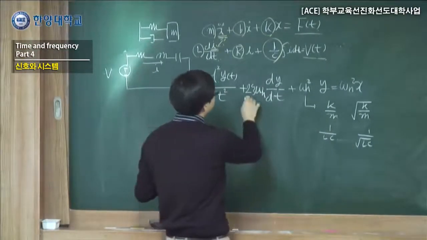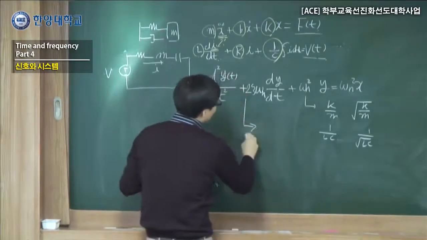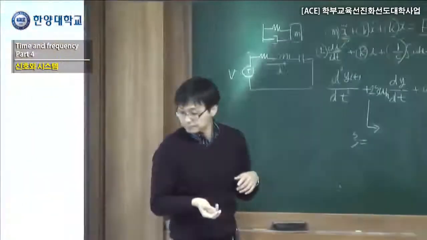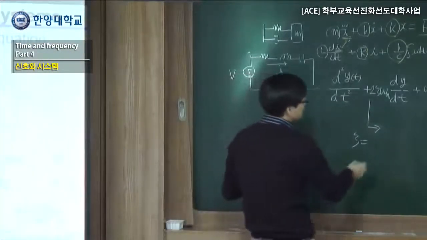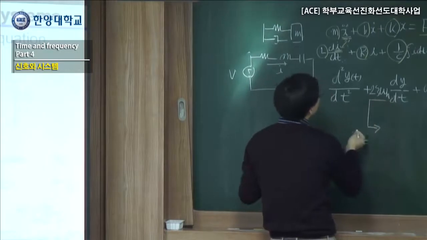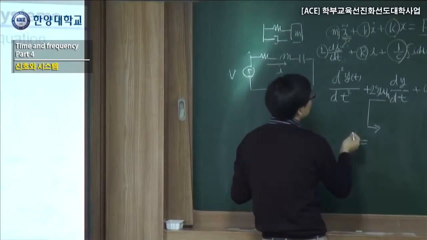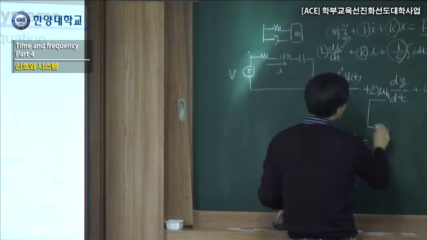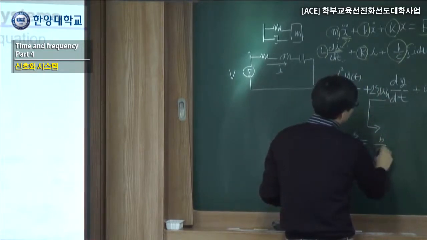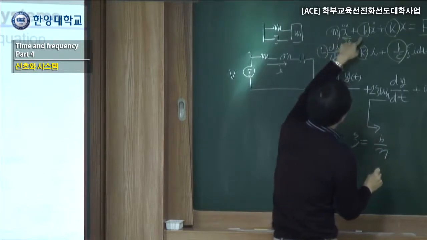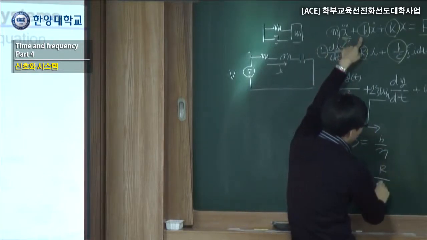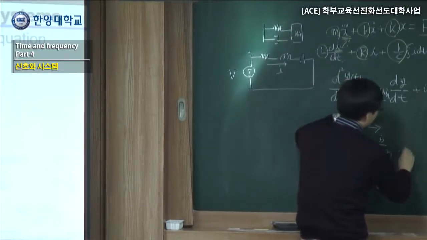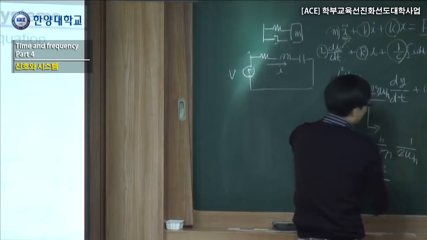Here, the chi is the same as B divided by M, or R divided by L, divided by 2 omega n over 1.